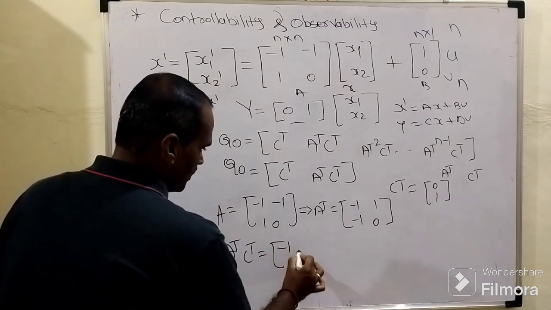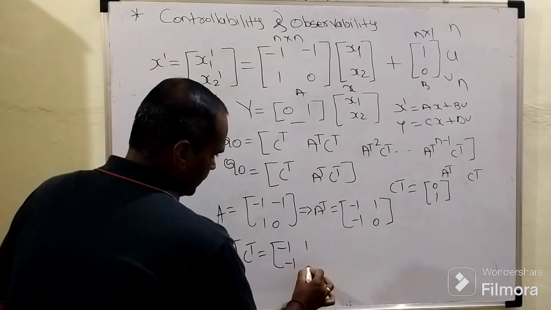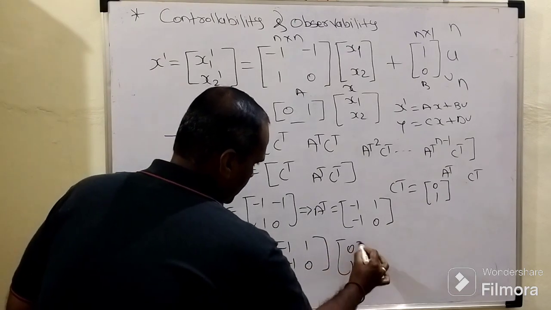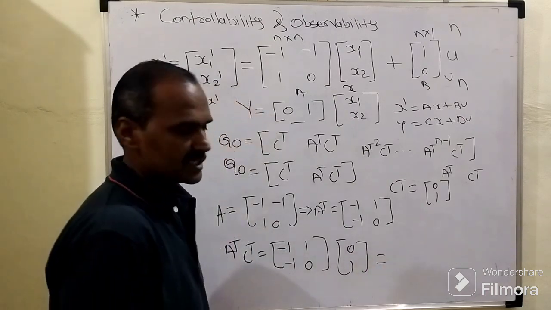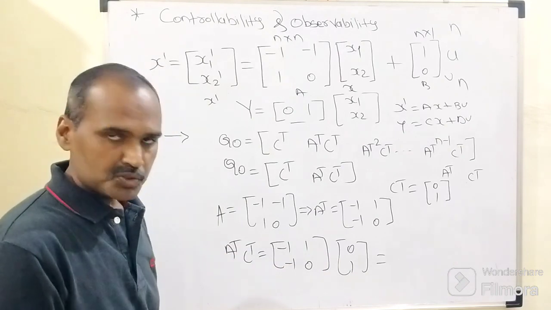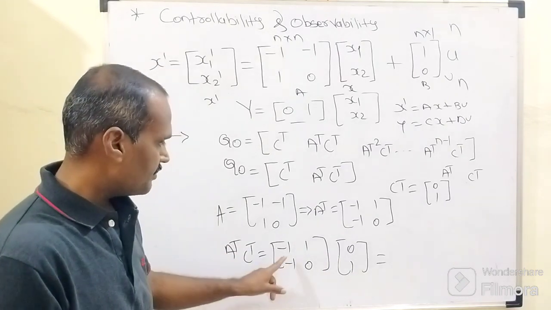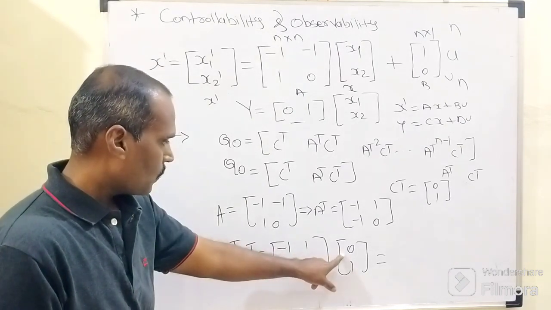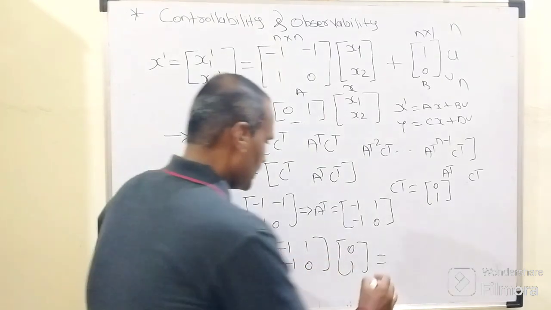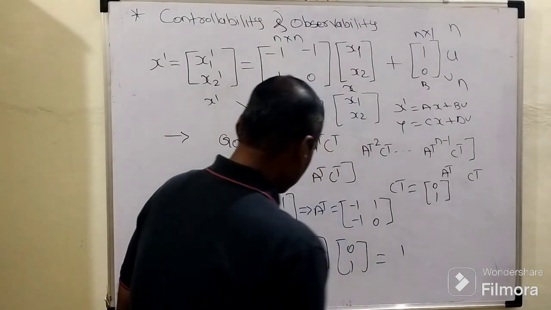A transpose equals minus 1, 1, minus 1, 0. C transpose equals 0 and 1. Then, just exactly similar to the controllability, we need to multiply these two matrices. As a result of multiplication, minus 1 times 0 is 0, plus 1 into 1, so the first element will become 1, right?